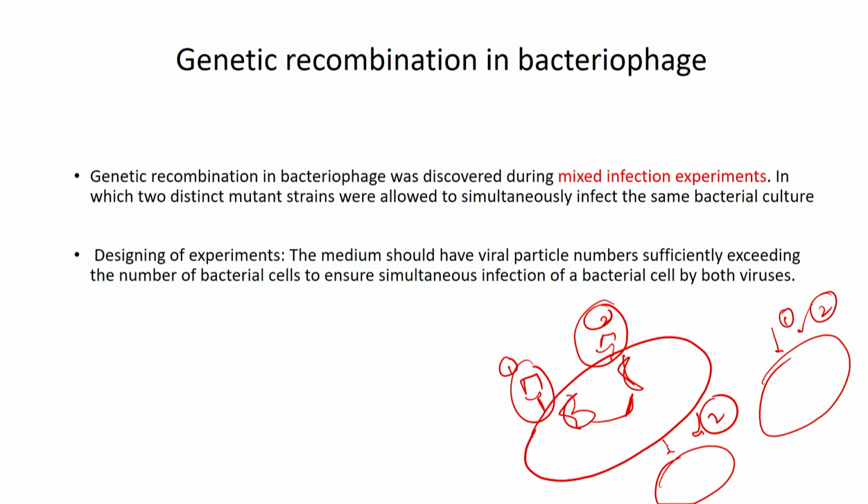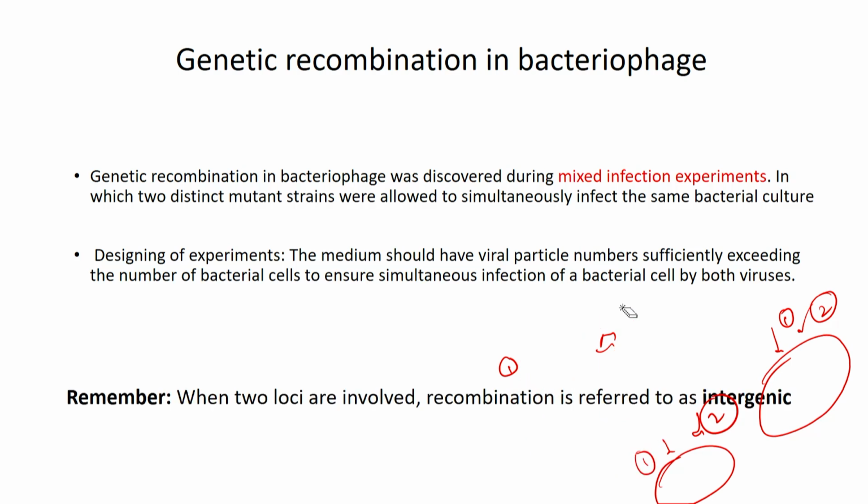Remember, there are two different viral strains. Then you will never have the chance to study recombination between the viral genomes. You need enough virus in the culture that there is a high chance that both of them infect together. That is one important feature.